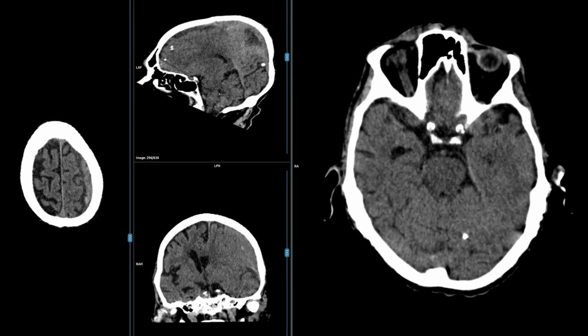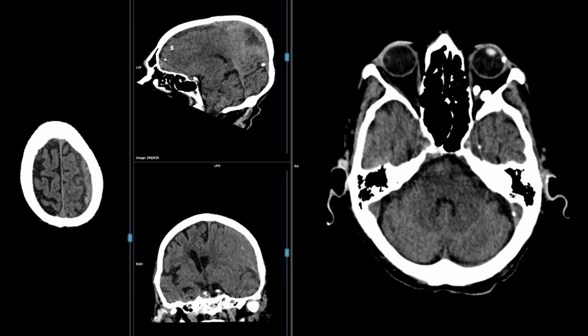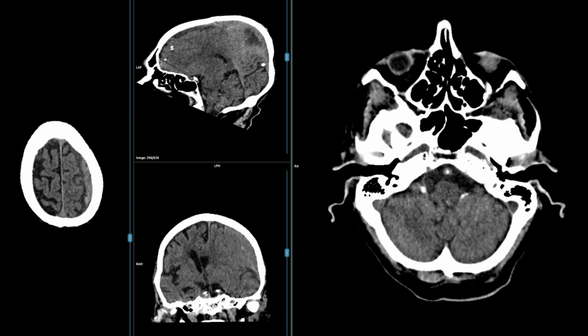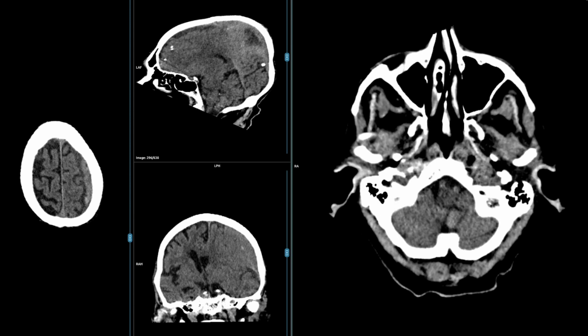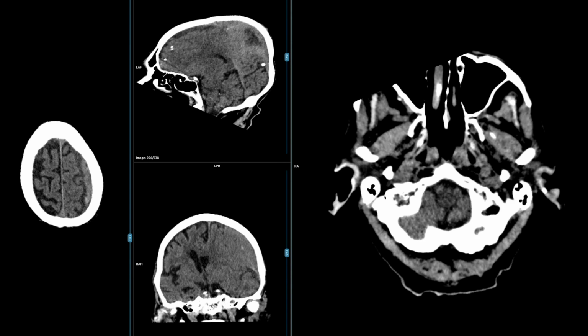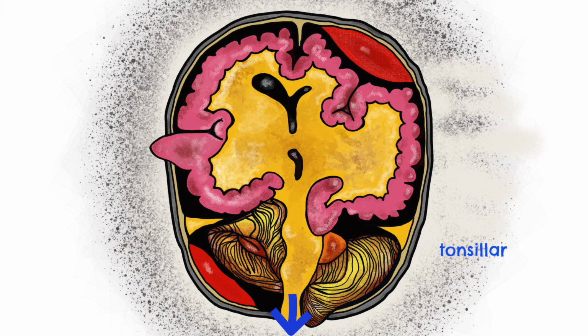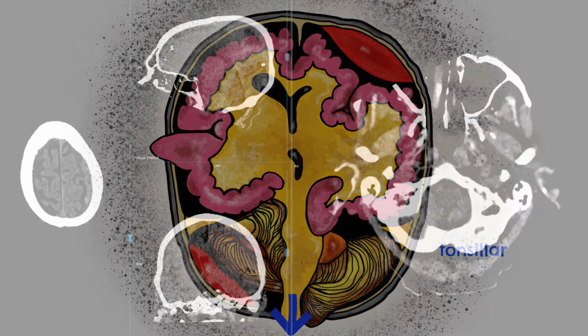We can see that on the axial images if we keep scrolling down. As you can see here, this is the foramen magnum. There is still CSF space depicted by the dark density around the spinal cord and the brainstem, but this is on its way to tonsillar herniation and coning.